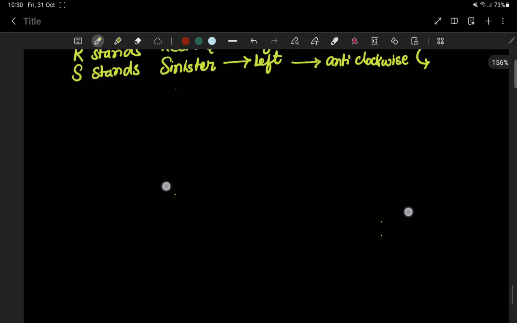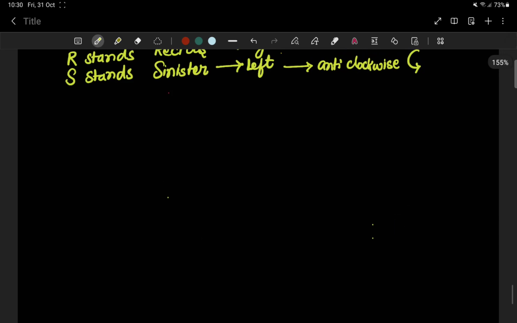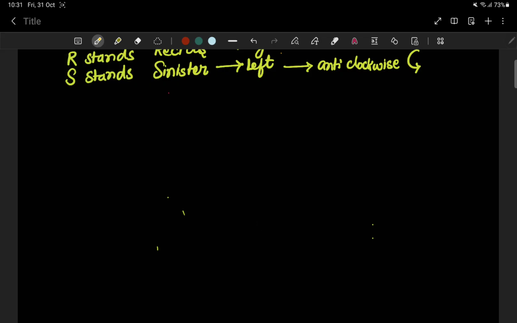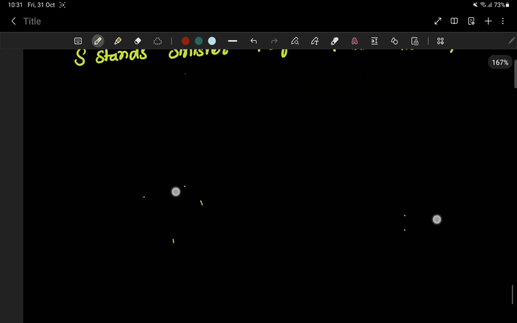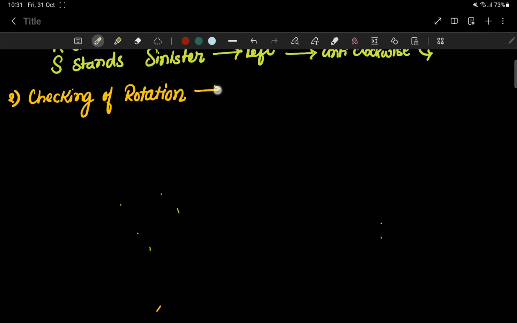So how will you check the rotation? This is our next point, checking of rotation. You will always check the rotation in the order of higher priority level to lower priority level.